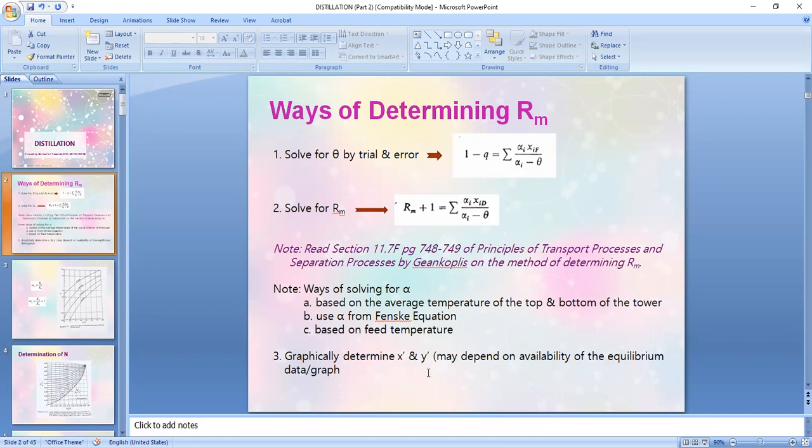That is, if it's easy for you to plot your feed line. Actually, it's easy to plot the feed line and have it intersect the equilibrium curve that you have.